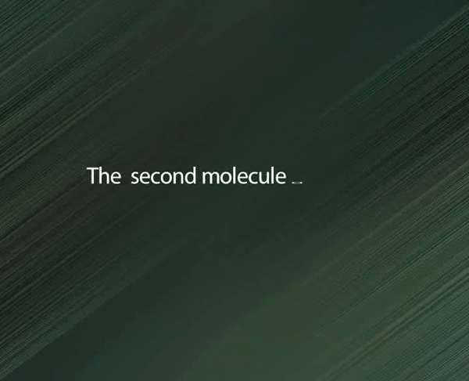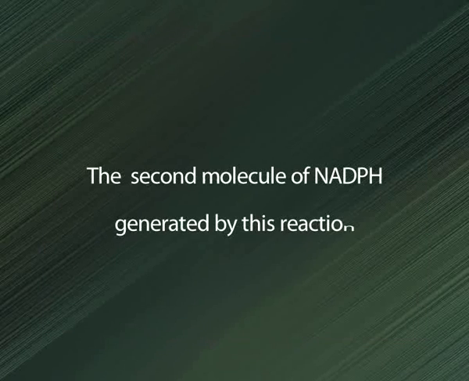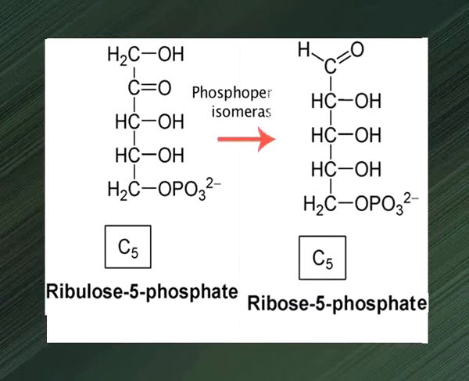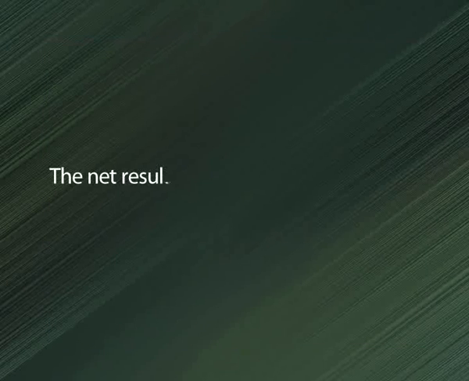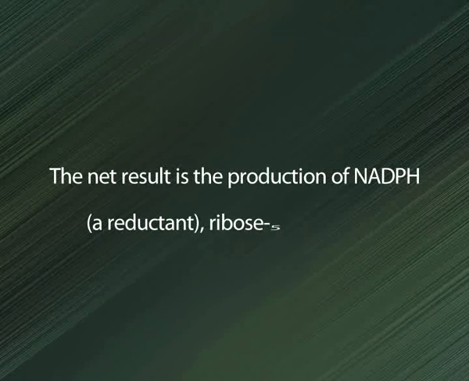This reaction generates a second molecule of NADPH. Phosphopentose isomerase converts ribulose 5-phosphate to the aldose isomer, ribose 5-phosphate. The net result is the production of NADPH, the reductant, and ribose 5-phosphate.